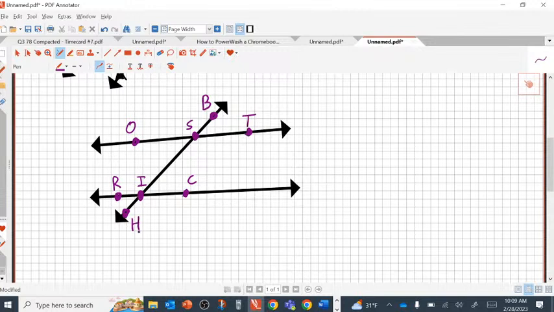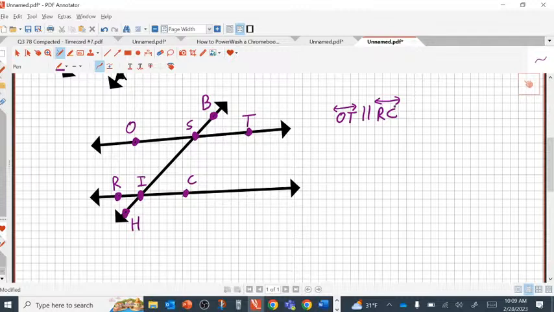So another way I could tell you guys this is that I could tell you that line OT is parallel to line RC. That's another way I could tell you that they're parallel.